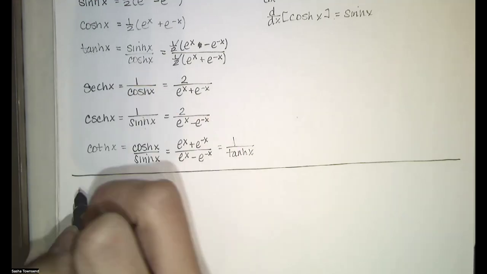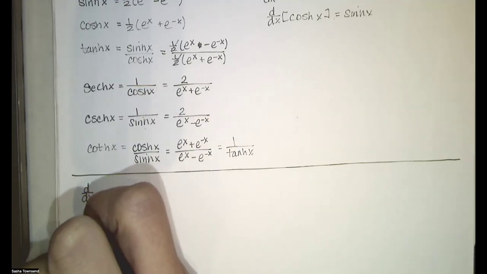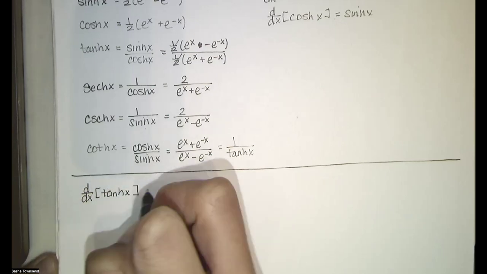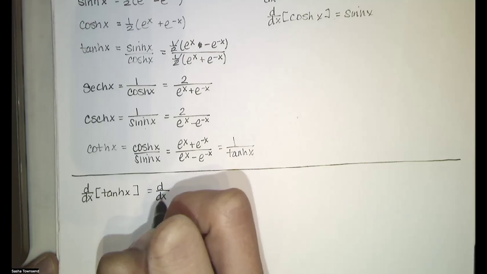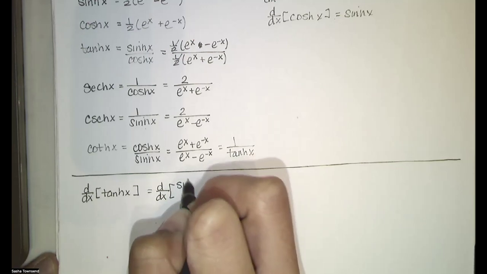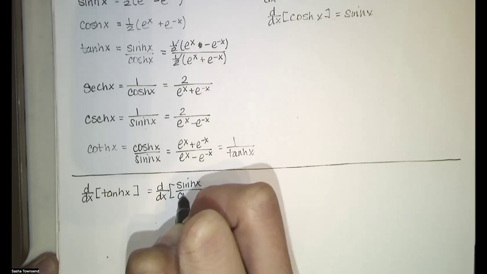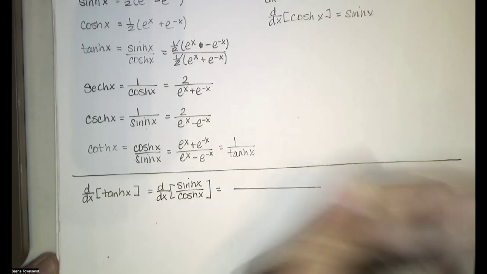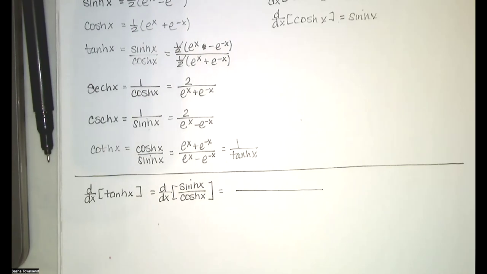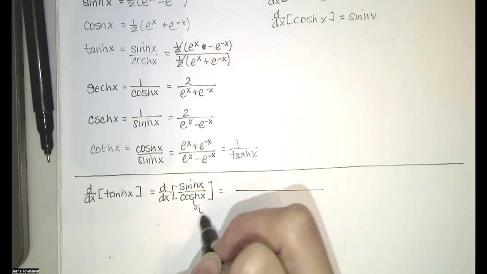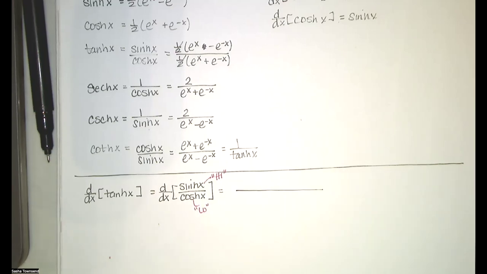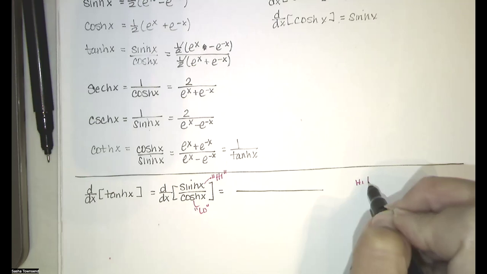The derivative of hyperbolic tangent of x can be found using the quotient rule. Hyperbolic sine of x divided by hyperbolic cosine of x. If we call this the low function, and this the high function, and I know that this is not how it's spelled, it's just a nice abbreviation.